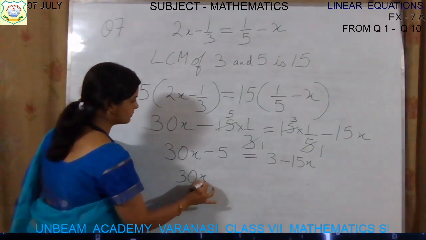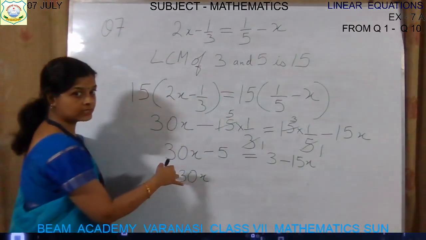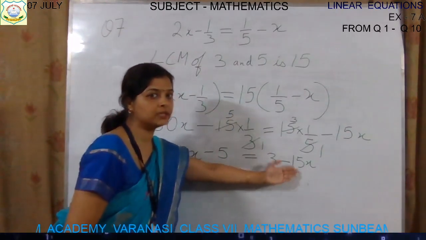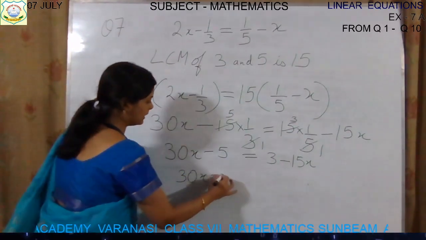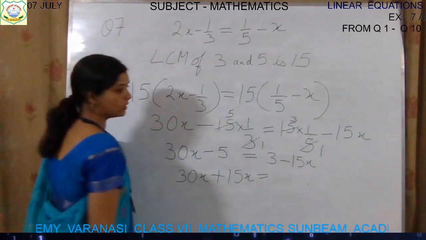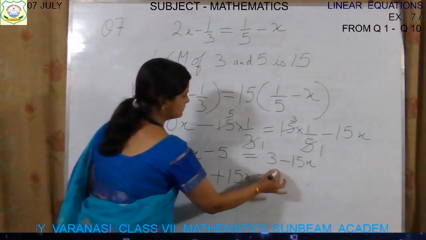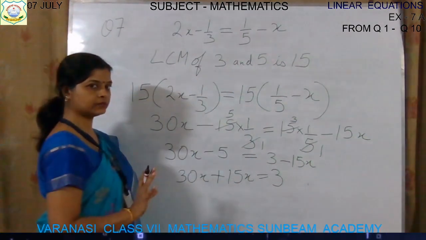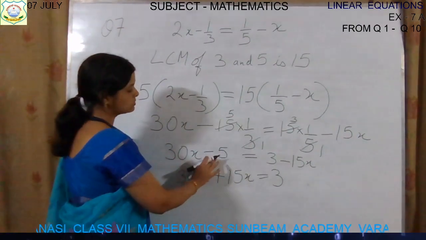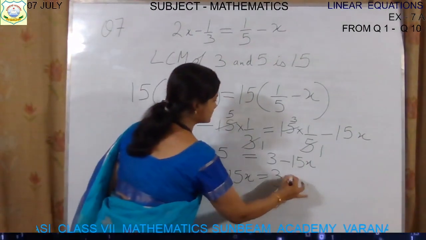Separate the variable term on one side. Minus 15x will come to this side, and it will become plus 15x. The whole term is shifting. Sign will change. Is equal to 3 is already there, so 3 will remain 3. Now if minus 5 is transposed to the other side, minus 5 will become plus 5.